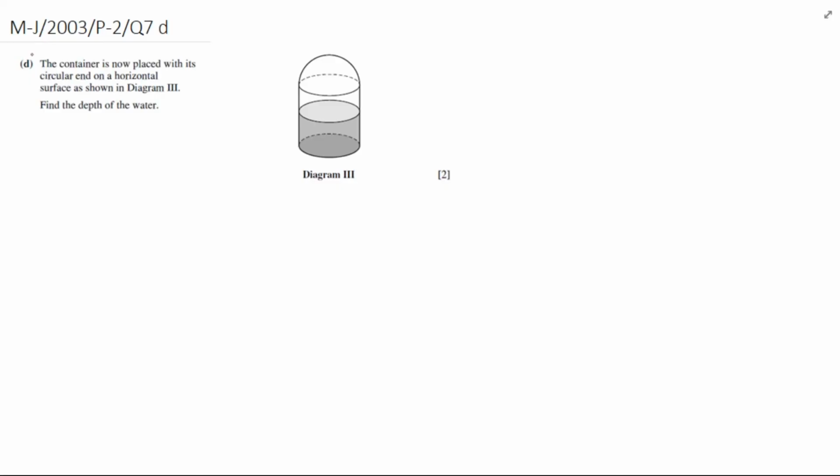Part D. The container is now placed with its circular end on a horizontal surface as shown in diagram 3. Find the depth of the water. Here D is the depth of water. This is a cylinder.